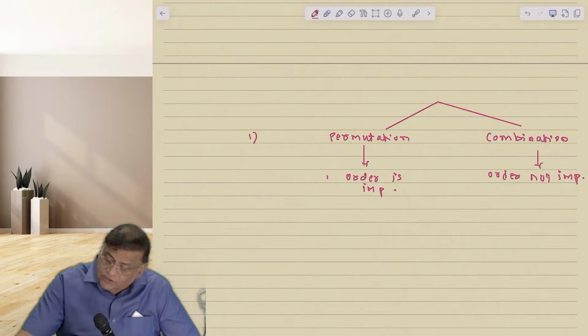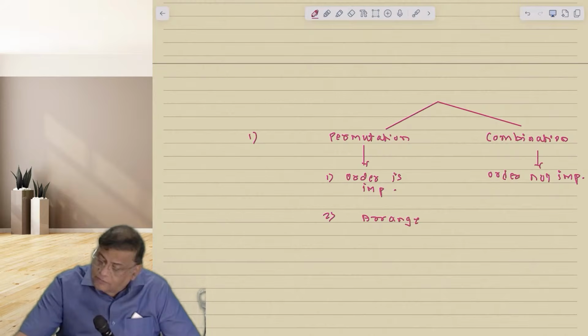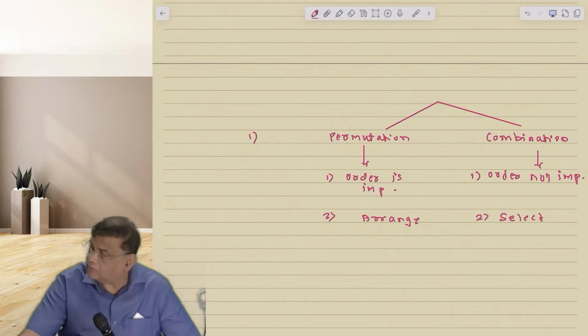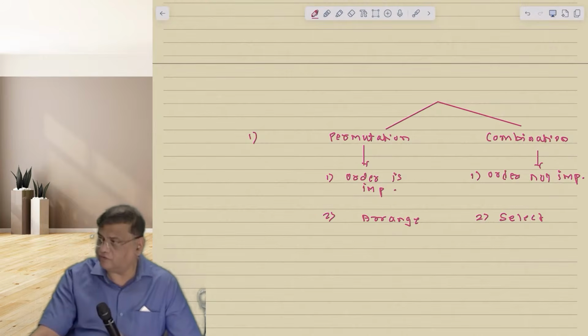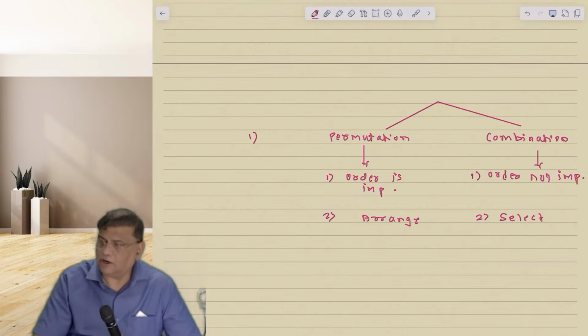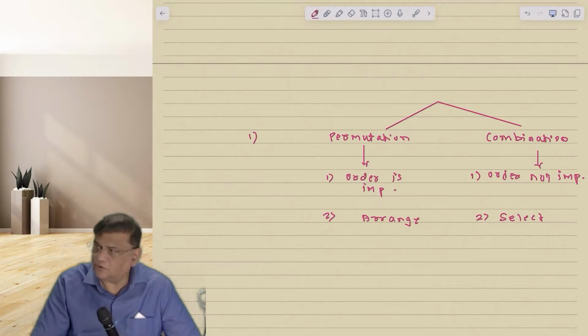Whenever we arrange, it's a permutation, and whenever we select, it is a combination.